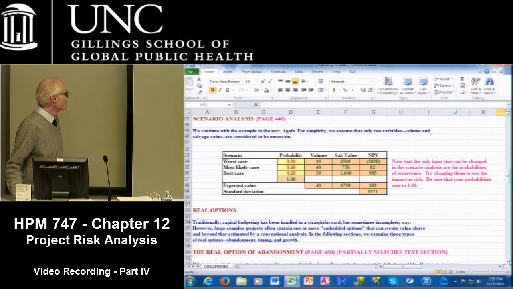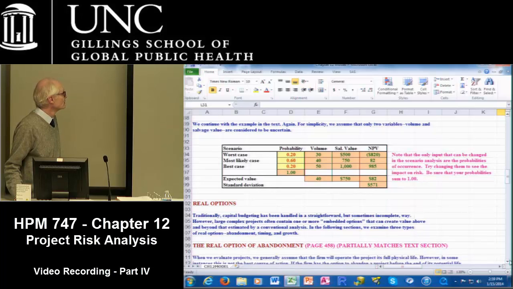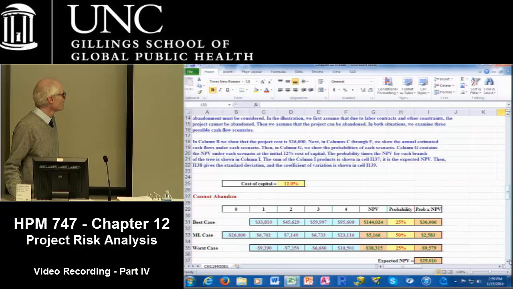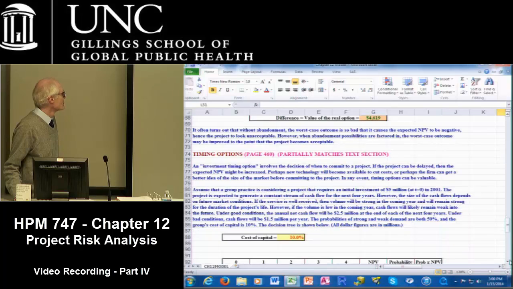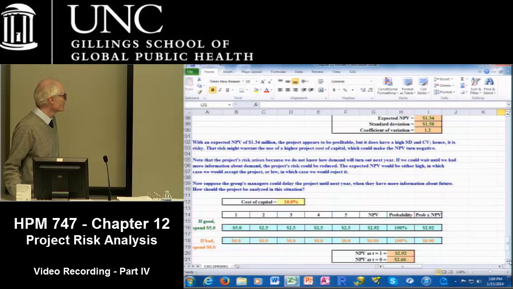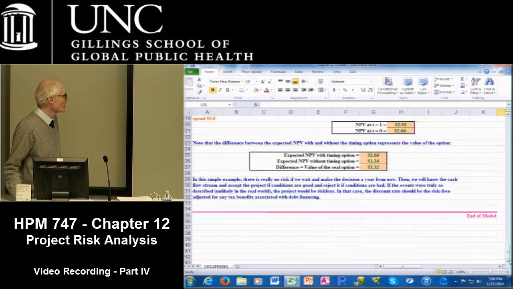And there's the scenario analysis, again with the same kinds of worst case, most likely, and so on. There are real options. Again, I wouldn't focus on this as much as I would the top part of the model, because it's about timing options.